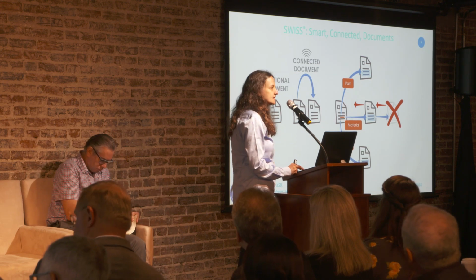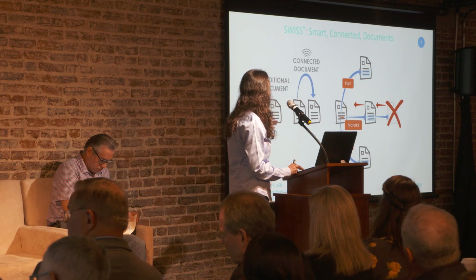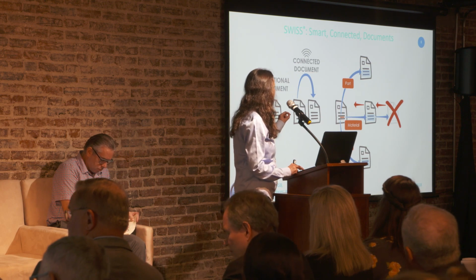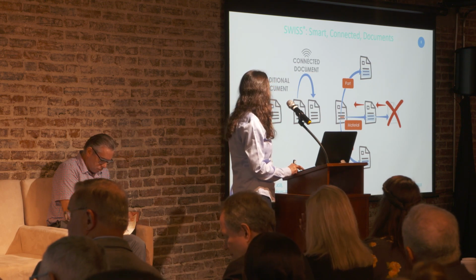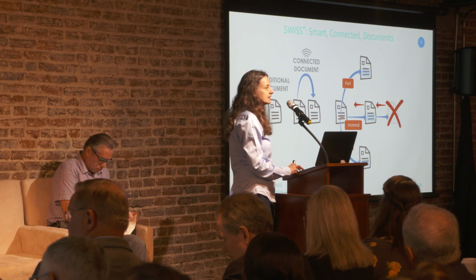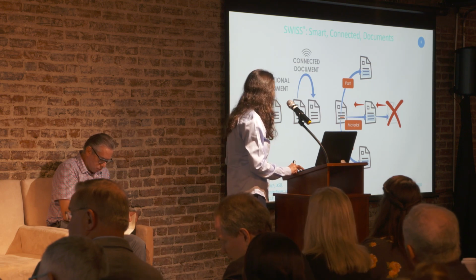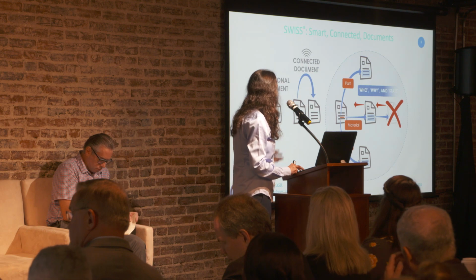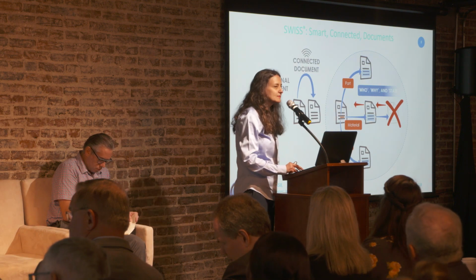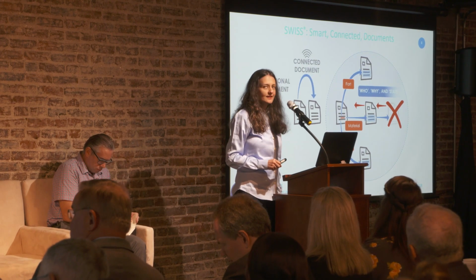Through using a linked data model, we are basically aware of what specifically changed, what concept changed, and how it affects all information in my proprietary system. So we basically call it smart connected documents.